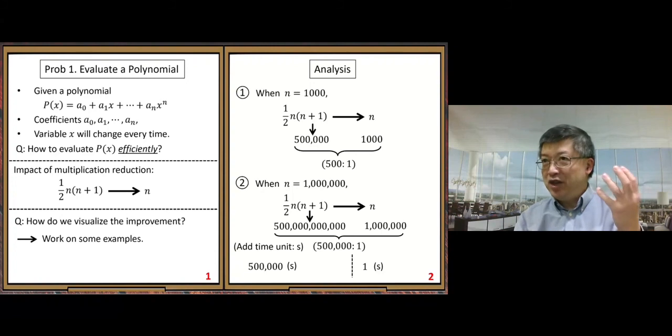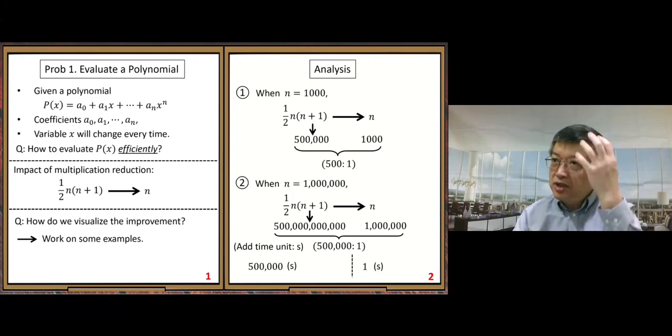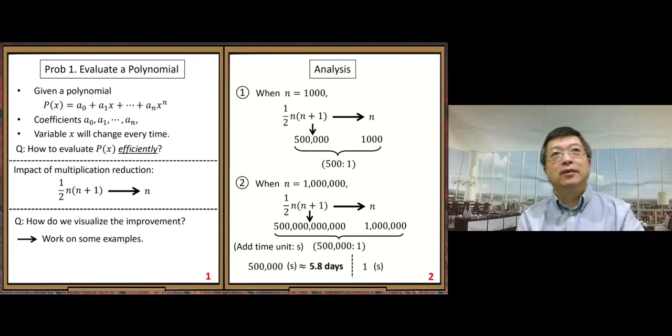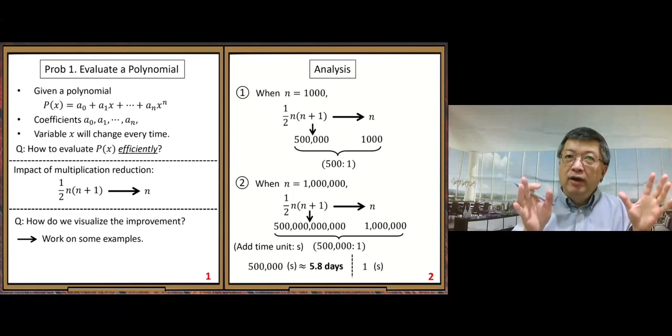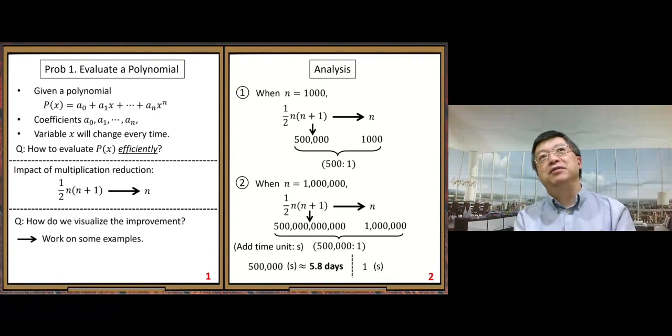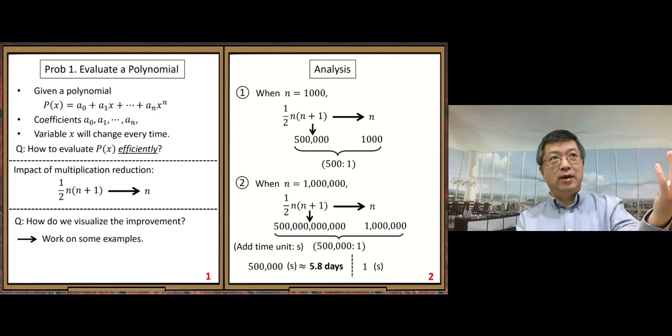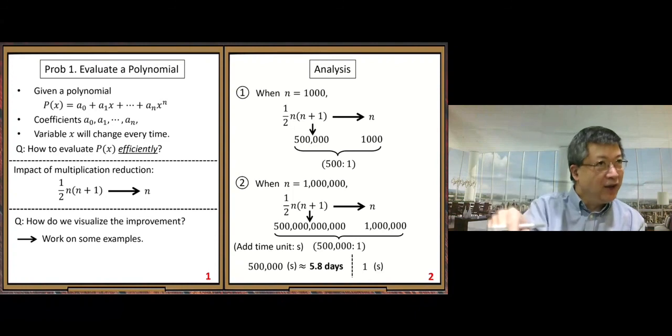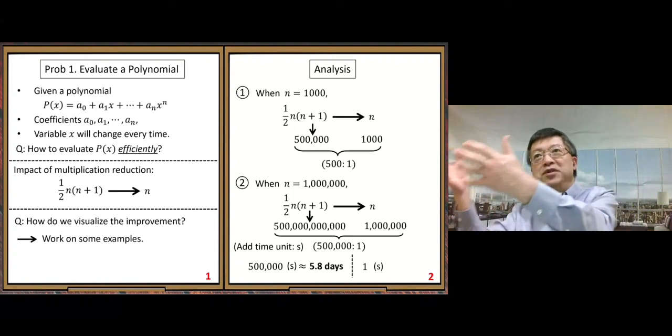How long is 500,000 seconds? Let me do the conversion; you can easily do it yourself. It is approximately 5.8 days, slightly less than 6 days. Is that long? You hit the button, then you need to wait 5.8 days to get the answer if you use the brute force method. If you change to Horner's rule, you hit the return key, and after 1 second, you see the answer.